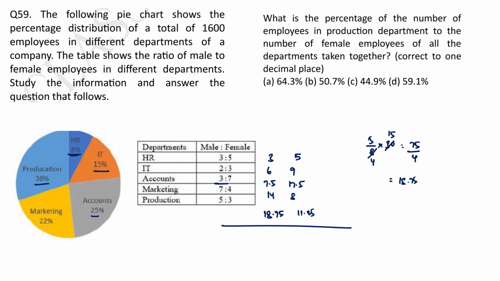So he's asking you what is the percentage of the number of employees in the production department to the number of female employees of all the departments? See, the production department, I take it as 30%, and all females, if I calculate, just calculate all the females.